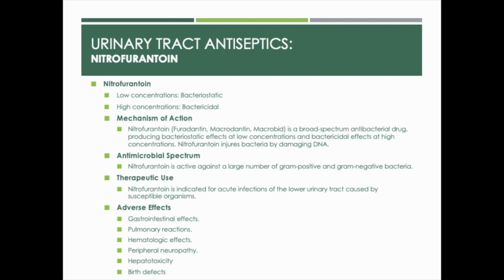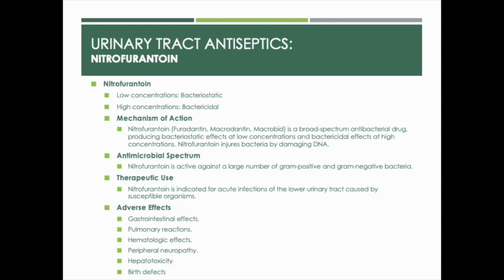The hematological effects have to do with leukopenia, thrombocytopenia, megaloblastic anemia, agranulocytosis. So if a patient already has hemolytic anemia or any of those hematological problems, you don't want to treat them with nitrofurantoin.